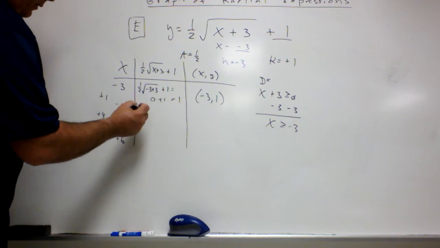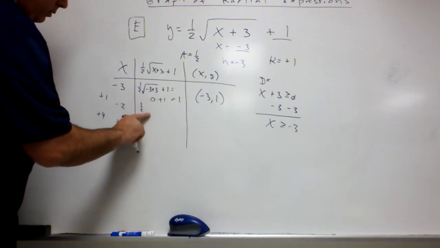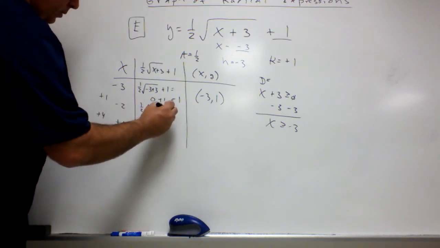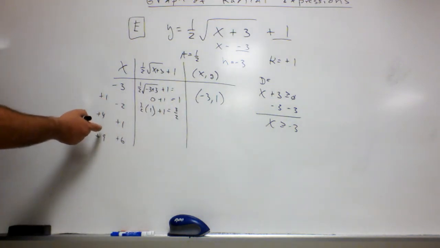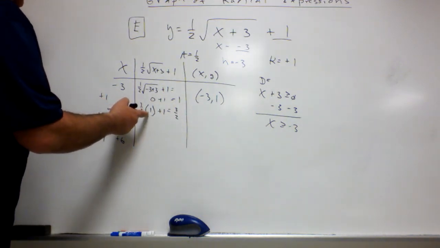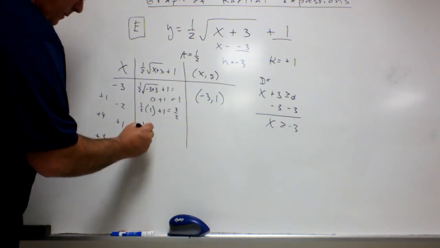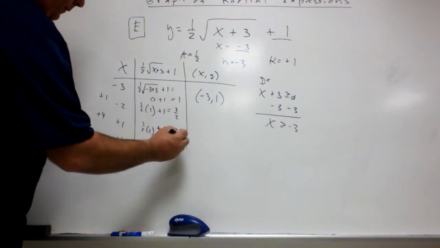The cool thing about this, or the smart thing about this, is we get 1/2 of the square root of 1, which is 1, plus 1 is going to be 3/2. The square root of 4 is 2, so it's going to be 1/2 of 2 plus 1, so it'll be 2.